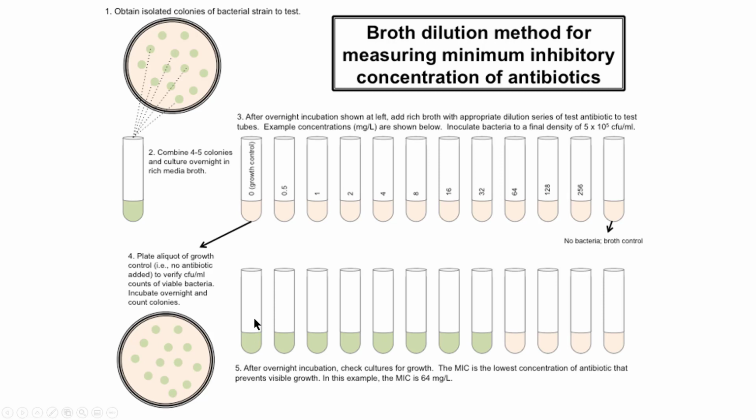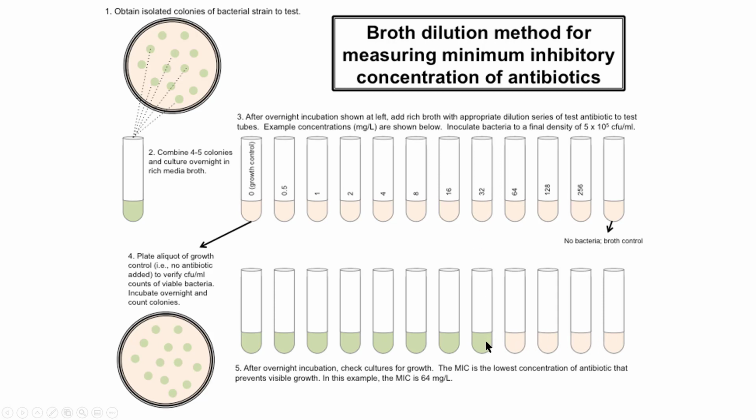And then after the incubation period is over, we can see that the growth becomes visible. You can see that it has become cloudy, or the color may have changed. And then you can see at what concentration nothing grew. For example, in this example, you can see that at the concentration of 64 and above, nothing was growing.